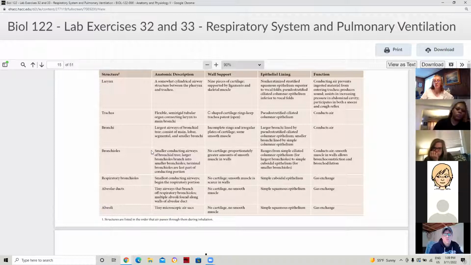So the only place where you get bronchoconstriction and bronchodilation is in the bronchioles, because they don't have cartilage around them to hold them open.